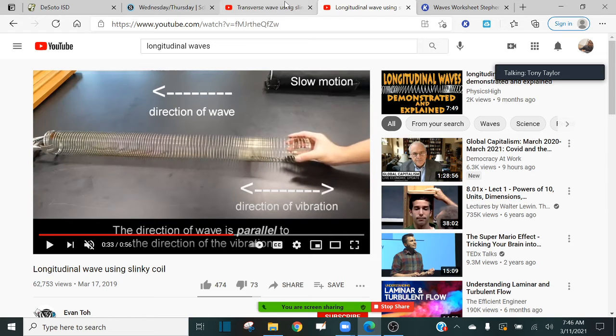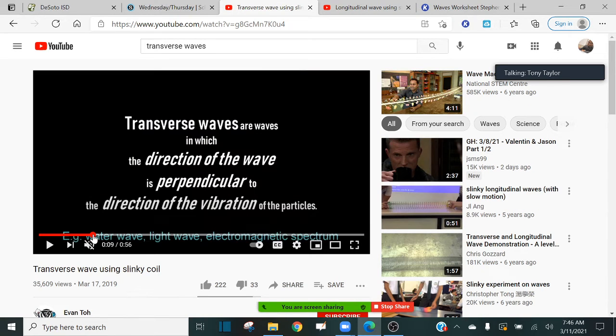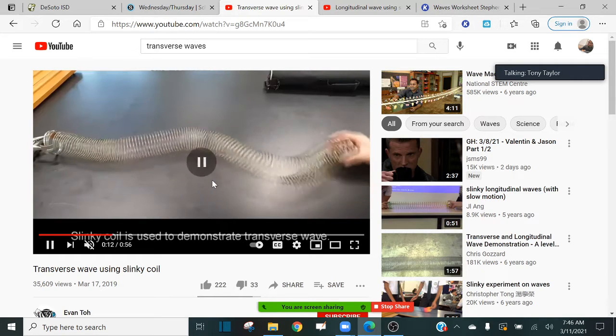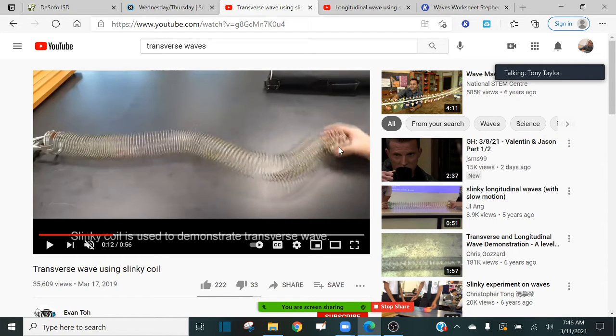Okay, so here's the basic idea. In this particular example, notice how his hand is going side to side, side to side. But the pulse of energy is traveling, in this case, from this point on the slinky all the way to that point of the slinky.